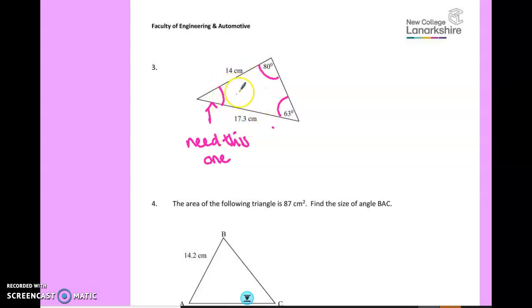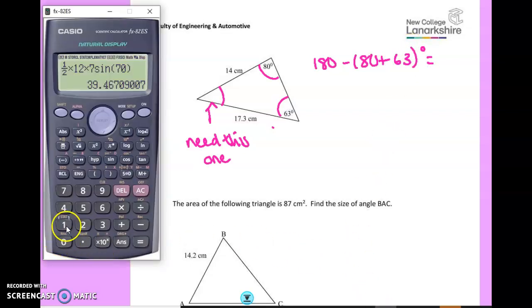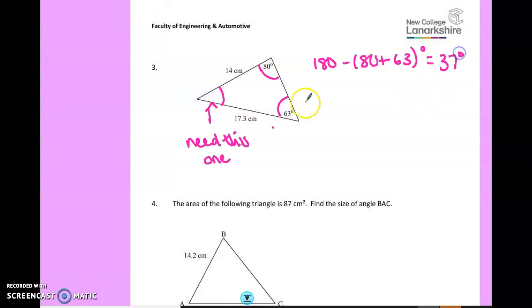So how do I get that angle? Angles in a triangle add up to 180. So add them together, take it away from 180, and that will give me 37 degrees. So that is the angle I want to use.